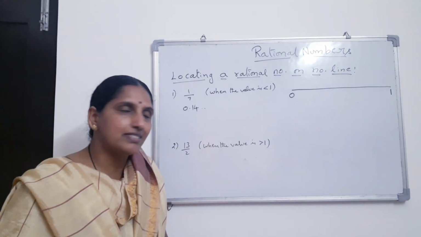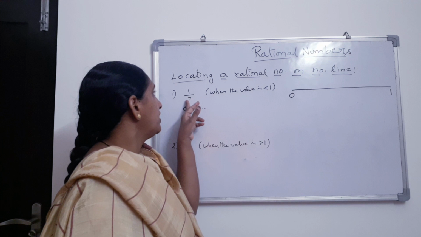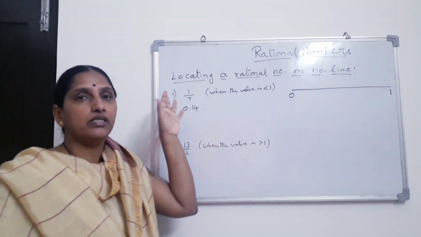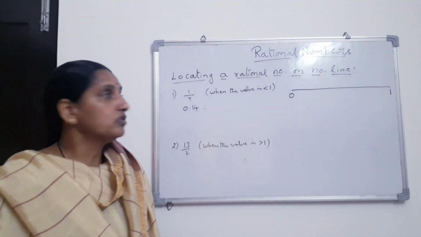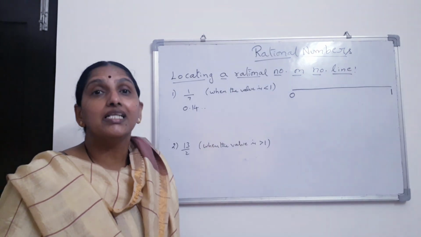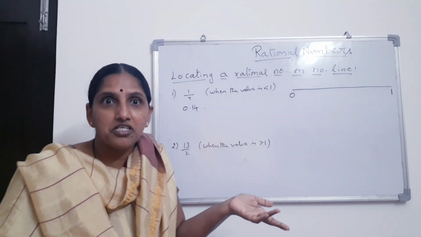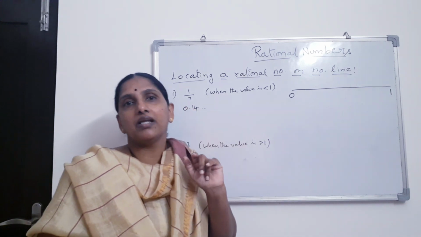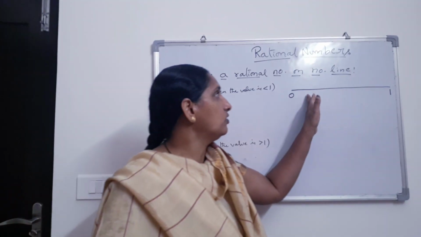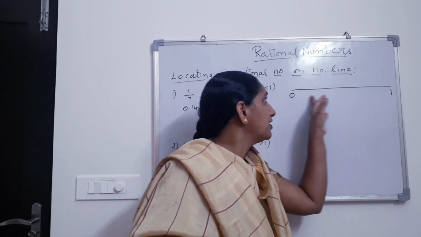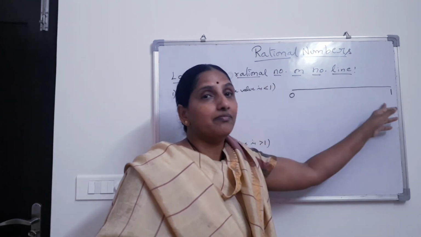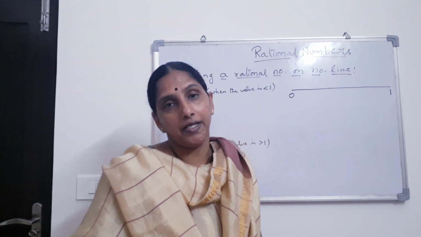So here the denominator is 7 and the numerator is 1. The denominator is greater, so the result is going to be less than 1. And we said it is positive, that means greater than 0. So now where does the number lie? It is greater than 0 and less than 1, somewhere in between here.